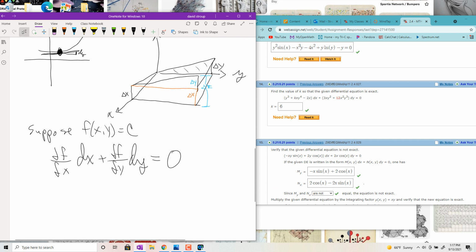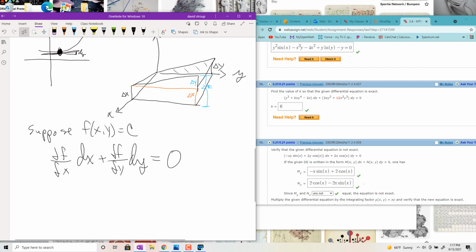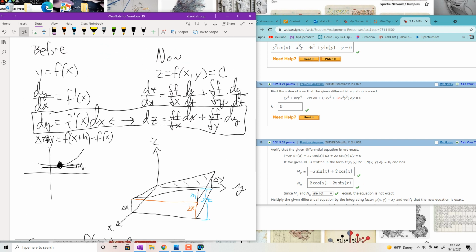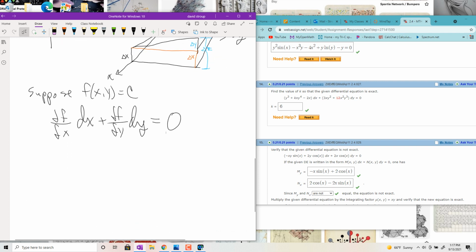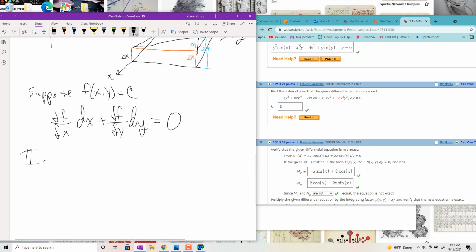Okay, it's this thing that is going to be our exact equation. And so what we're going to be after is this function f of xy, and we're trying to recover that from the partial derivatives. Okay, so section 2 now, I guess it's section 3 now, this thing we're going to be calling the exact equation.